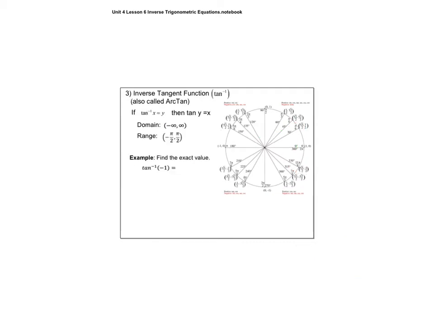All right, so now we're on tangent. So before we do the inverse tangent, just like the others, let's go ahead and graph out the tangent graph. Remember for tangent you've got asymptotes at negative pi over 2, pi over 2, 3 pi over 2.